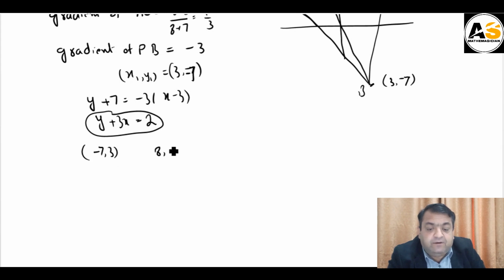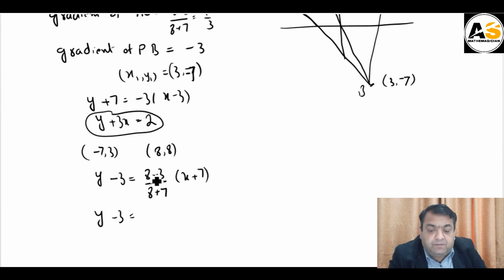I am finding the equation of AC by two-point form. y minus y1 is equal to y2 minus y1 over x2 minus x1 into x minus x1. y minus 3 is equal to 5 by 15, which will be 1 by 3, into x plus 7. I am simplifying it.